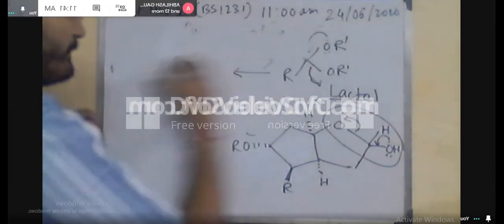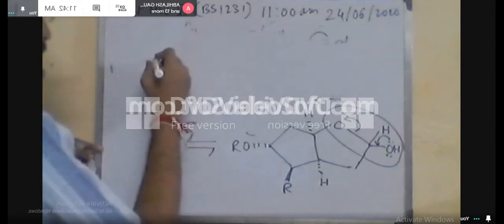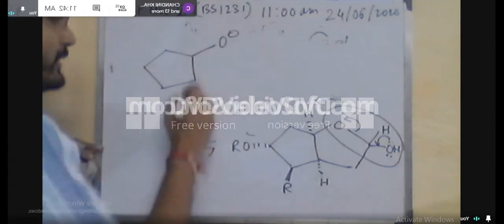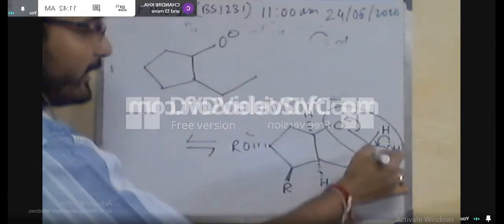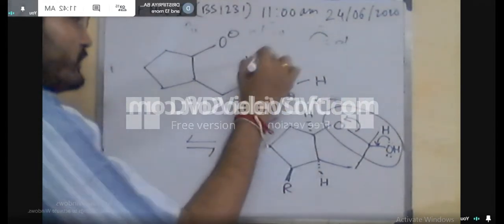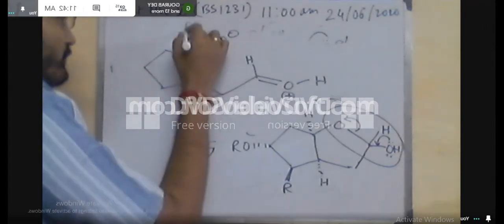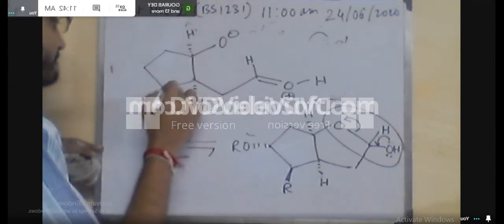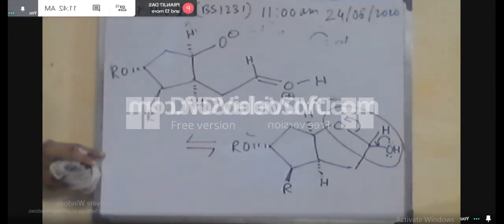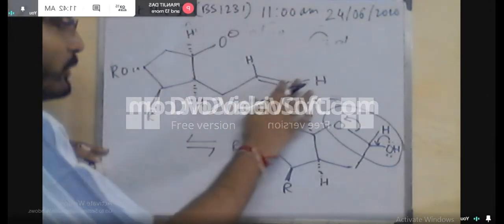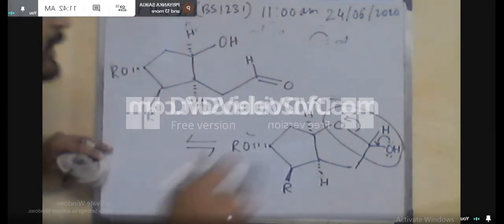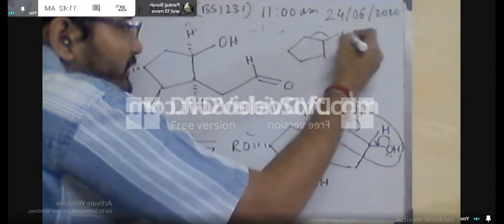Now another use of DIBAL-H: as you have seen here, CO2R can be converted to CHO. Similarly, if you use DIBAL-H for nitrile group reduction, it can be converted to the aldehyde also. But if you use lithium aluminium hydride, it will be converted to the corresponding amine, not the aldehyde.